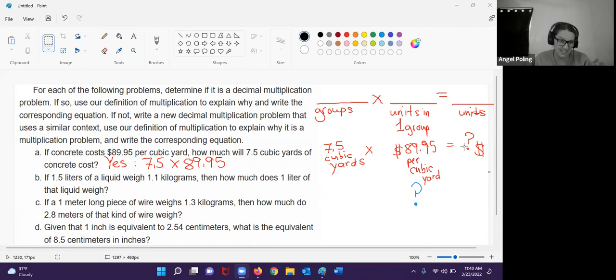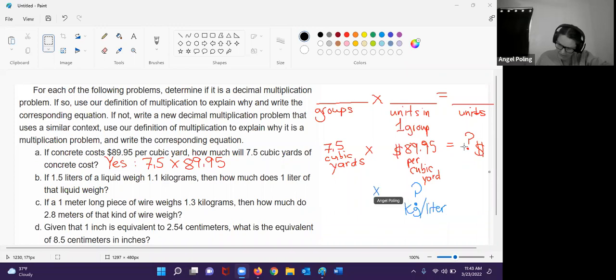So they're actually asking us a division question here, but let's put it together. So they have weight per liter, so kilograms per liter is here.